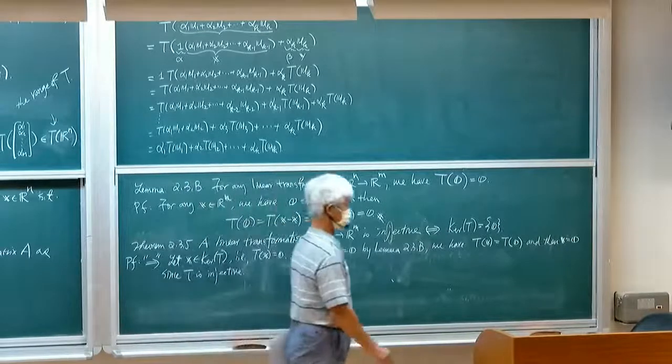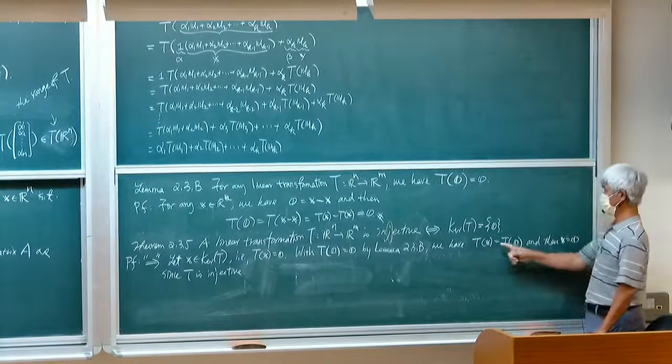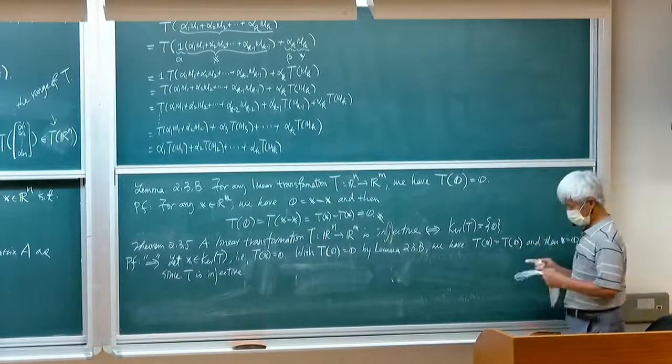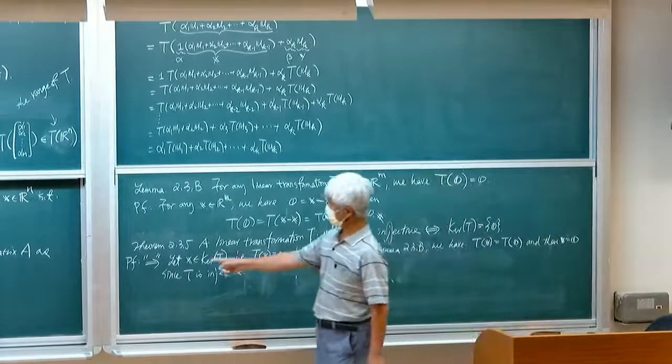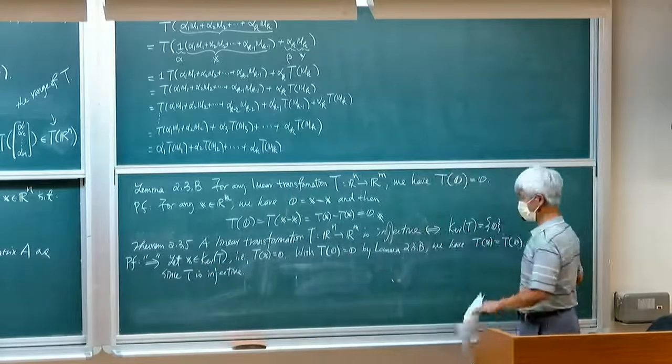T is one-to-one. So if they have the same value, then these two vectors must be the same. So x is equal to 0. So any vector in the kernel is actually the 0 vector.